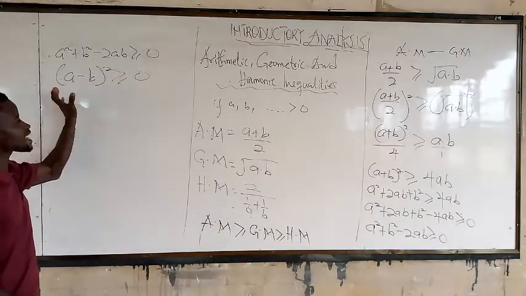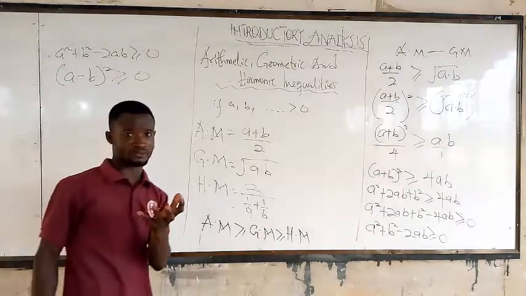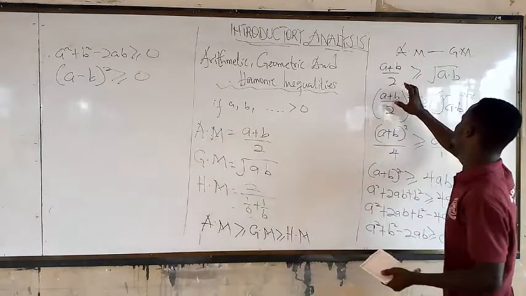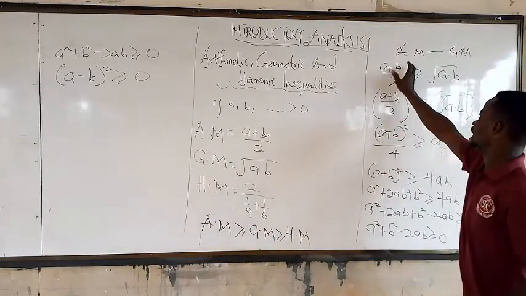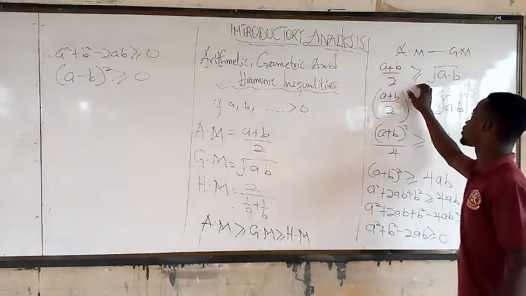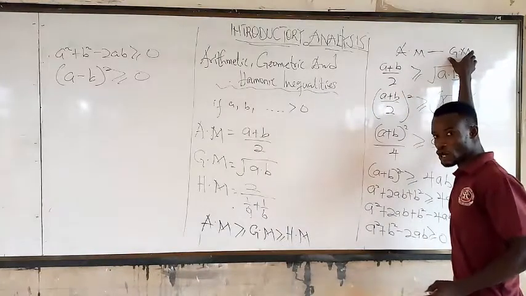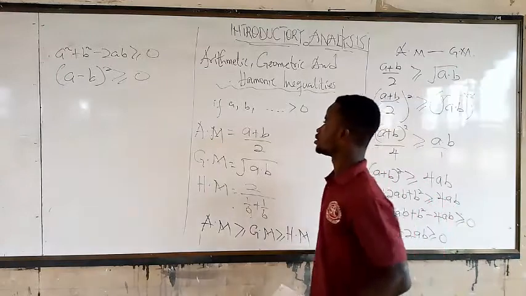And if this statement is true, then our arithmetic mean is truly greater than or equal to the geometric mean. I hope it's clear.